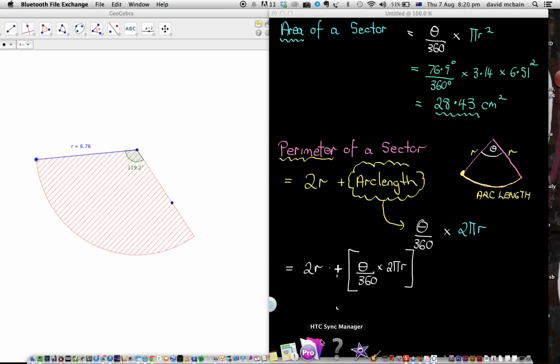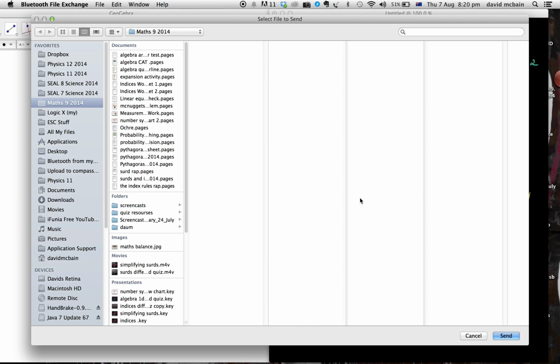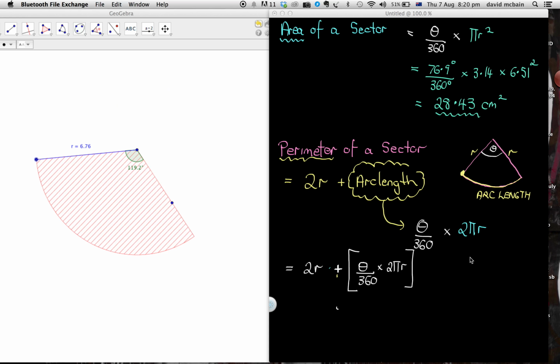If you want to pause this and copy that down, I'm going to clear this. So pause, copy it down, and then start again when you've done that.